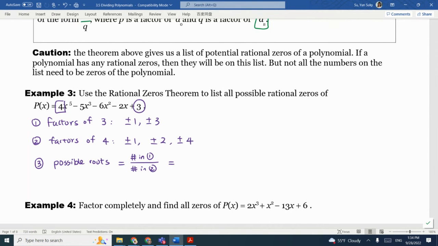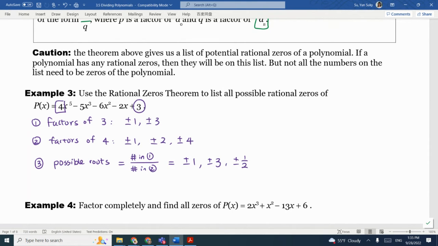Then you look at each number. Plus or minus 1 over plus or minus 1 is plus or minus 1. Plus or minus 3 over plus or minus 1 is plus or minus 3. Plus or minus 1 over plus or minus 2 is plus or minus 1/2.